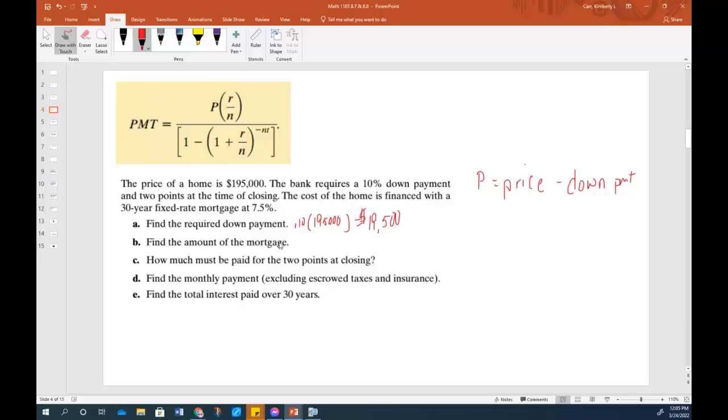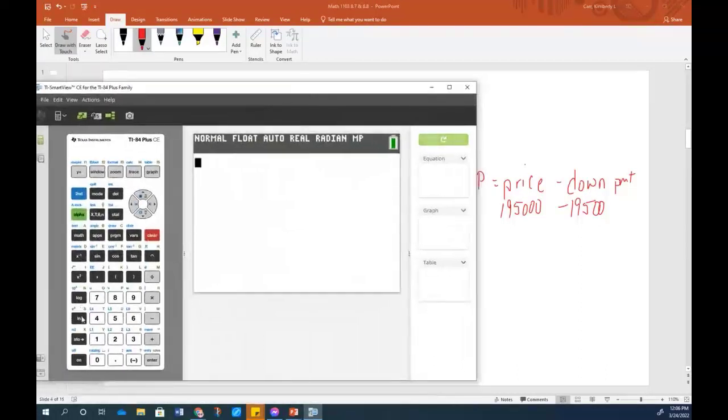Okay, so the amount of the mortgage we have to calculate, but you can't do that until you get the P calculated. So what we have to do is over here take our $195,000 minus that 10% to find out what P is. And I'm just going to bring up our calculator pretty quickly so that we can do that calculation. $195,000 minus $19,500.